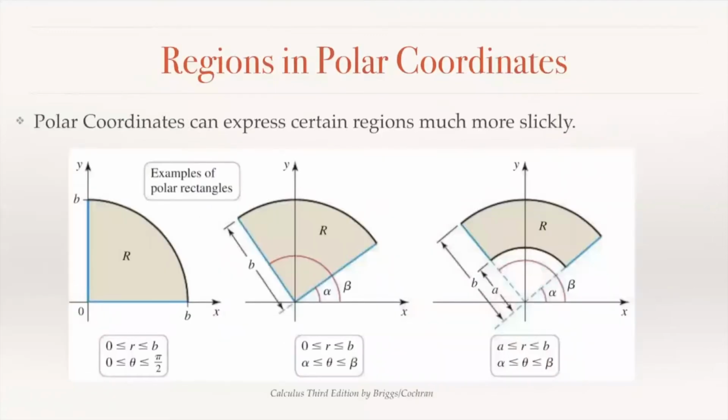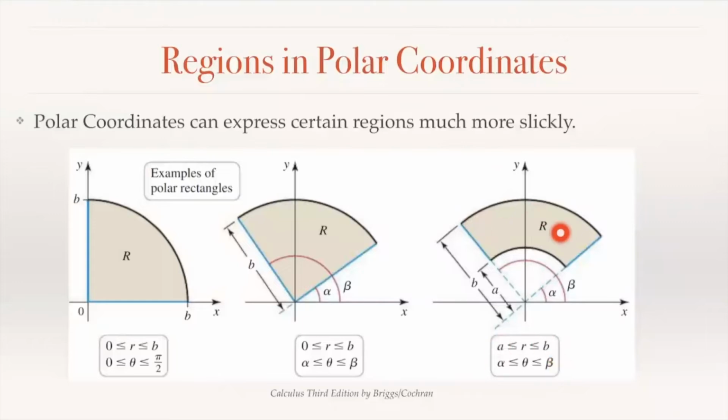Okay, so what polar coordinates do is they will convert regions that would have square roots of 1 minus x squared to rectangles. And I know these don't look like rectangles, but they are rectangles in polar coordinates in the sense that they have constant r bounds and constant theta bounds.